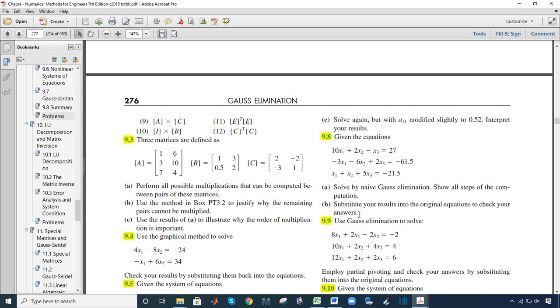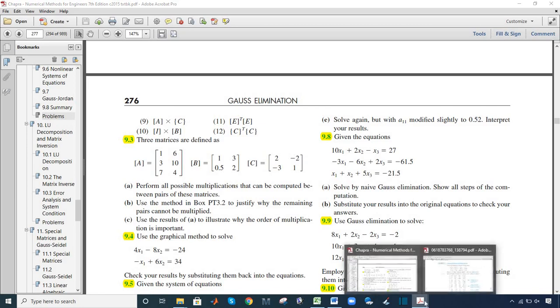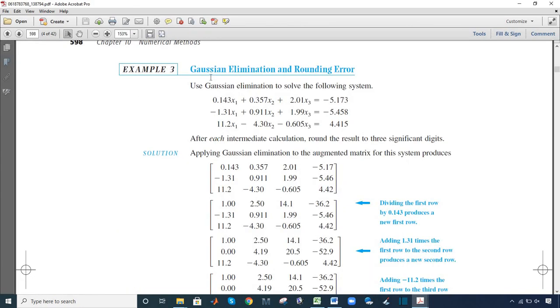I have quoted one example of this method from another book, Gauss elimination and rounding error, example number 3. These are the three equations given here, and you have to find the values of x1, x2 and x3.